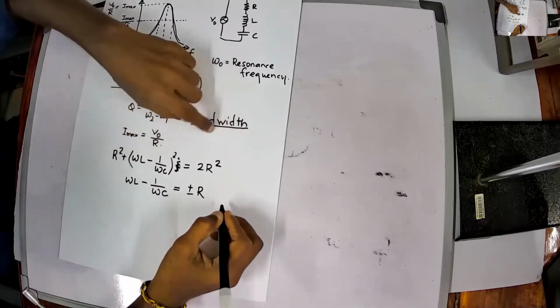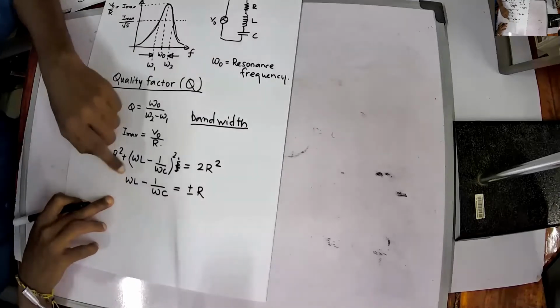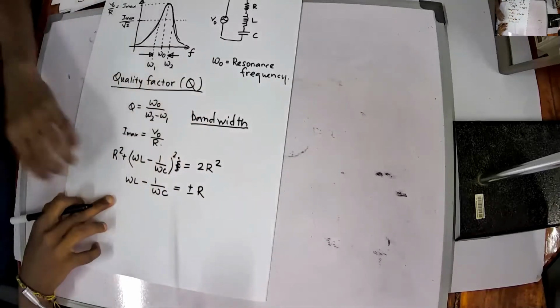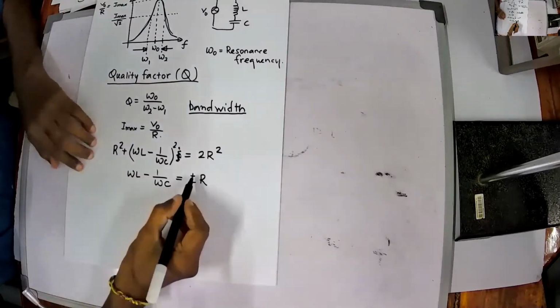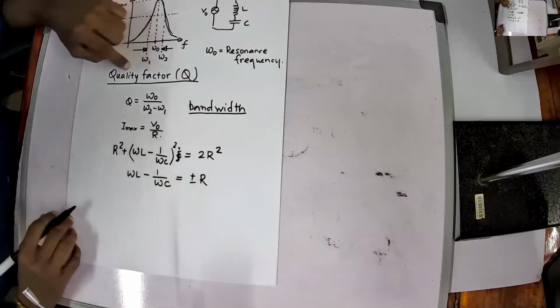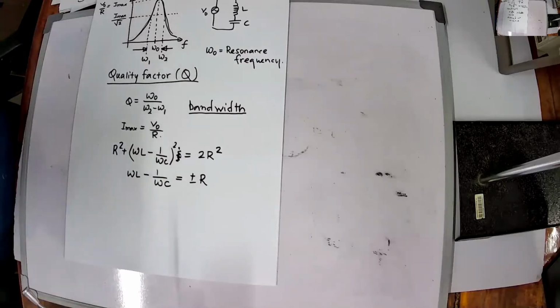Just take the square root on both sides. So omega L minus 1 over omega C equals plus or minus R. If it is plus R, it could be omega 1, and if it is minus R, it could be omega 2. Clear?